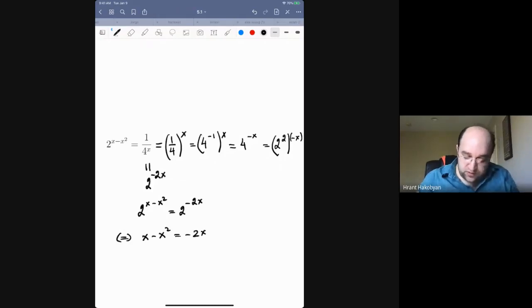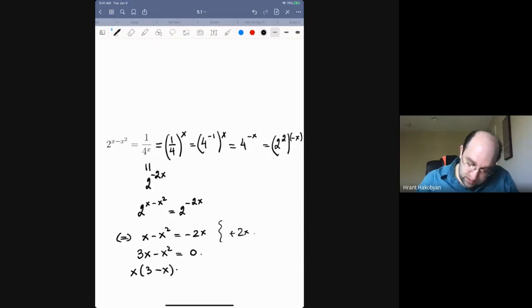I'm going to add 2x to both sides, so I have 3x minus x squared equal to 0. I can factor x out, and then I have 3 minus x equals 0. So I have two solutions, x equals 0 or x equals 3. Those are my solutions.